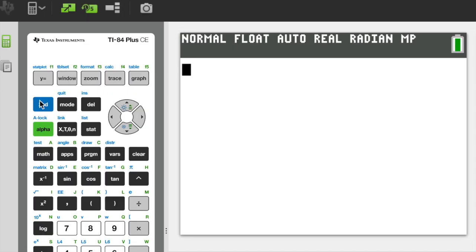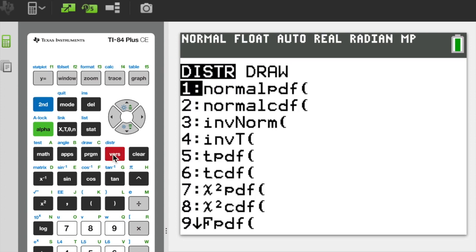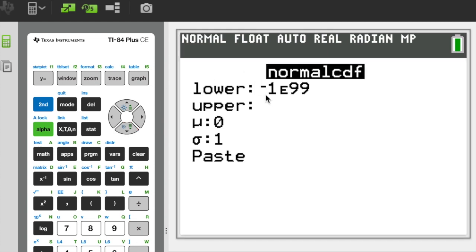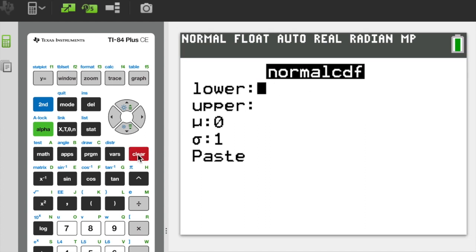In our calculator, we go to second distribution. Remember, we always go down to normal CDF. We're not going to use the normal PDF. Enter. Our lower limit I have in here is -1E99. I'll clear it so you can see how I put it in. Always use the negative, not the minus. Then 1, and to get the EE, it's right here above the comma. Remember that means times 10 to the 99.